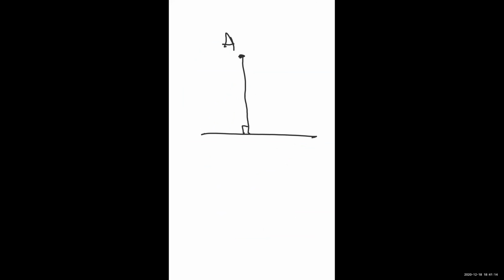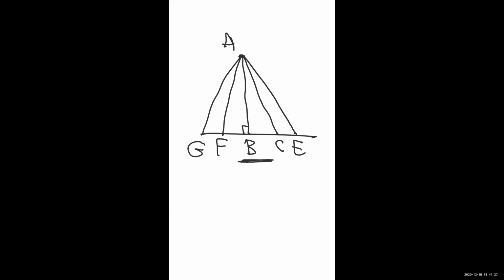Any other line, if this is AB, so there is AC, AE, AG, AF, for example. So the shortest one here is AB. I mean shorter than AE and AC and AF and AG. I don't care about the base. Okay? Now is it clear? Yeah.